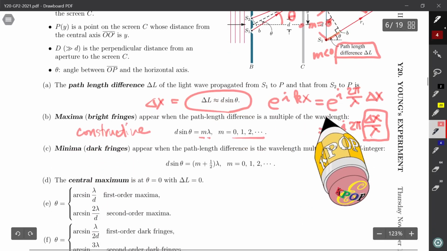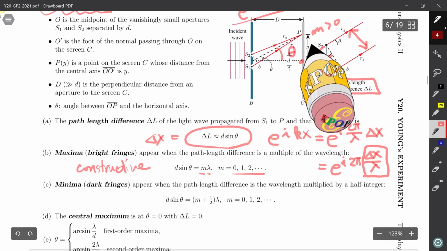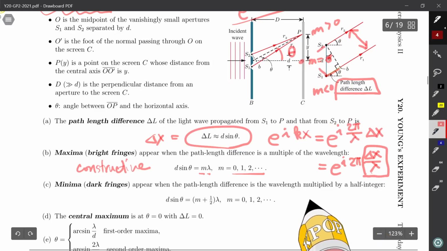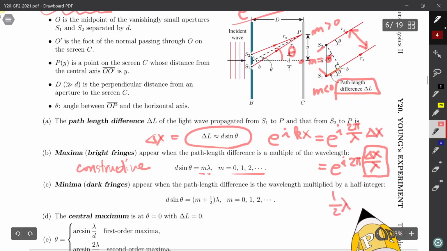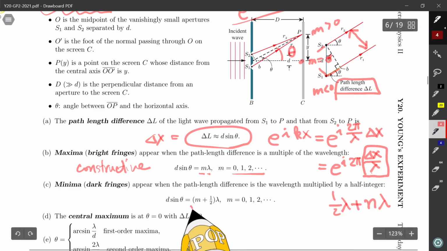On the other hand, if the two waves are completely out of phase, that means their phases differ by 1/2 lambda, or 1/2 lambda plus n lambda, where n is an integer. We say it is a half integer. Integer plus 1/2 is a half integer.